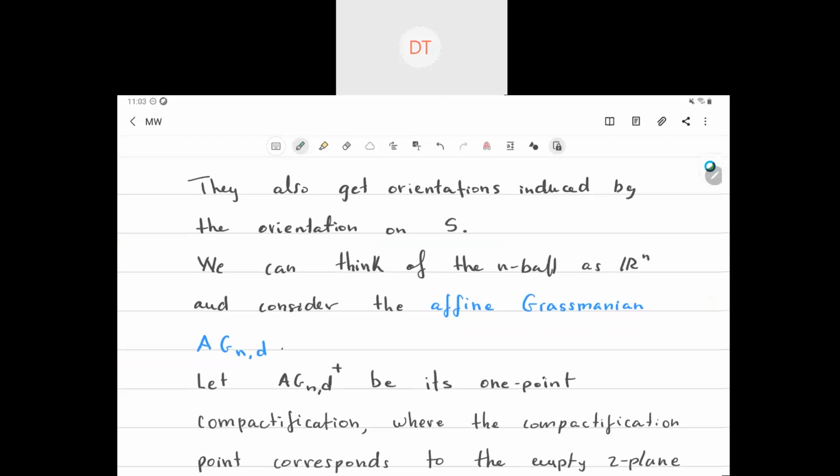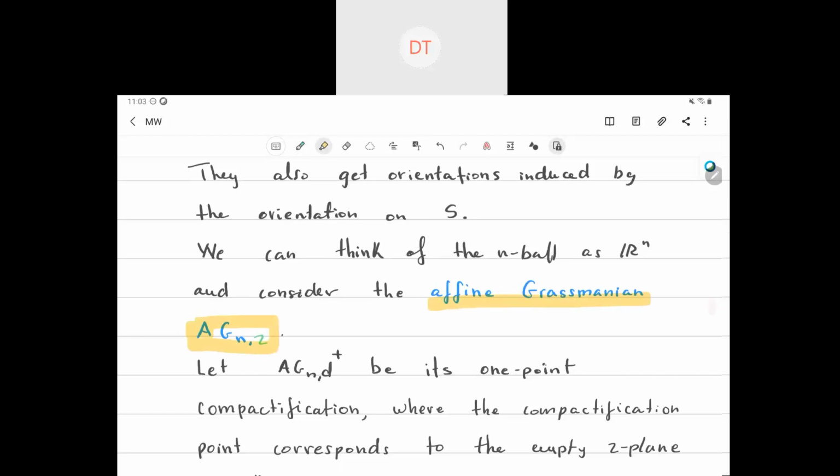Consider planes in Rn, and that is a Grassmannian. So what we get is we're really looking at the affine Grassmannian AG(n,2). Really, in our case, we have n,2: we have planes.